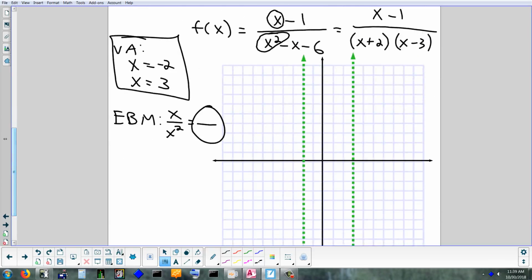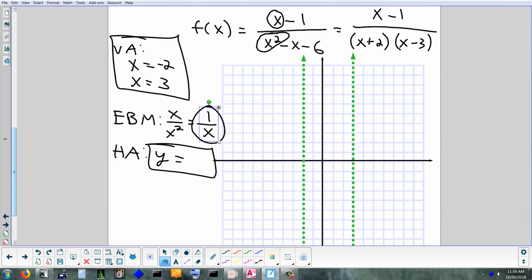What does that reduce to when I cancel out the x's that I can? 1 over x. Yep. So now, for my horizontal asymptote, let x get really big in 1 over x. What happens to the fraction 1 over x as x gets really, really big?